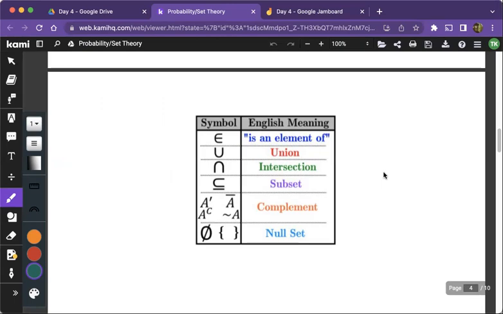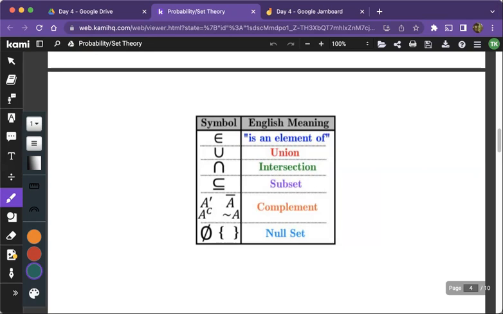The ∪ means union, and that means or. And then the uppercase ∩, intersection, means and. That sideways symbol with a line means subset.